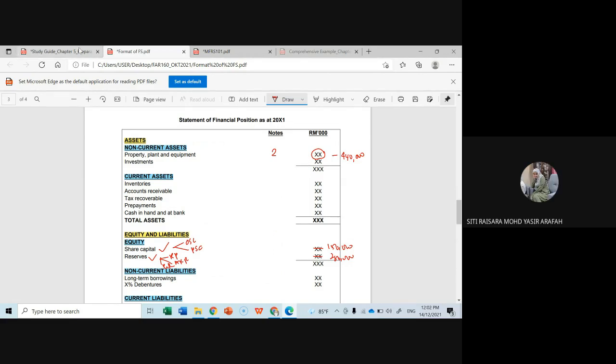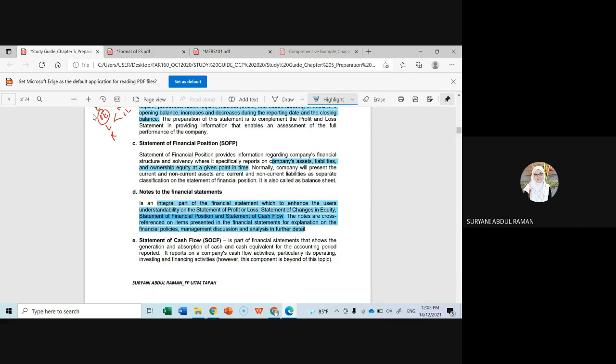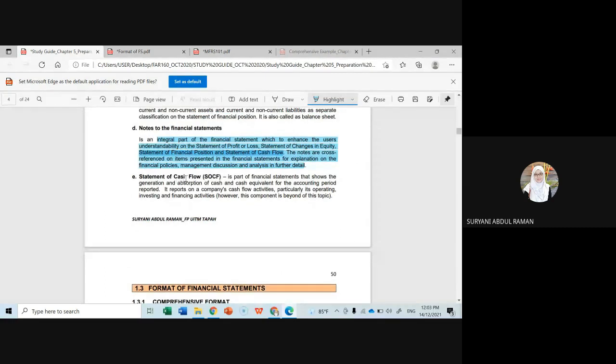Yes, madam. Okay, last but not least, the statement of cash flow. The statement of cash flow is another component of the financial statement, which shows the generation and absorption of cash and cash equivalents for the accounting period. It reports on the company's cash flow, meaning inflow and outflow lah, that comes from the operating, investing, and financing activity.